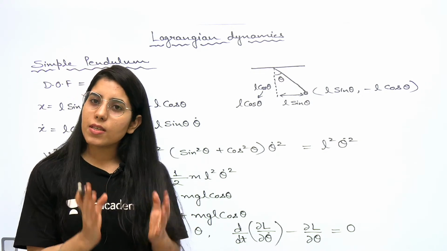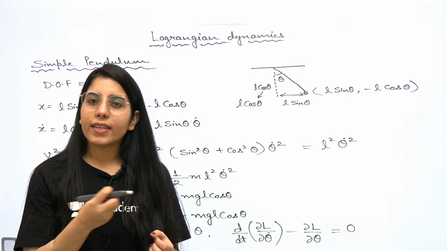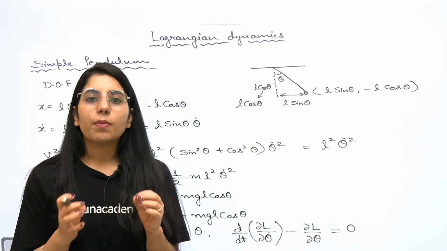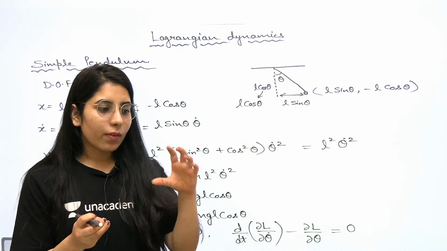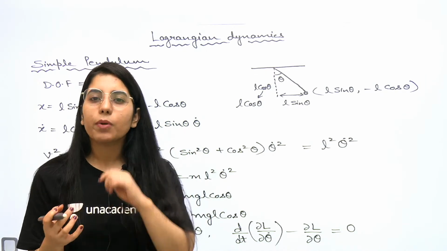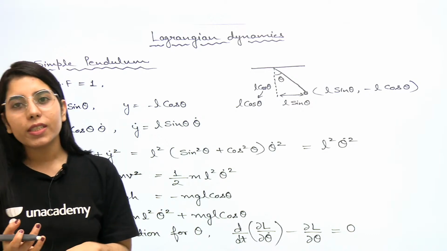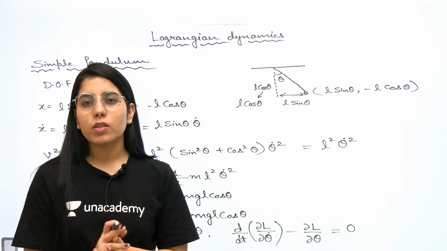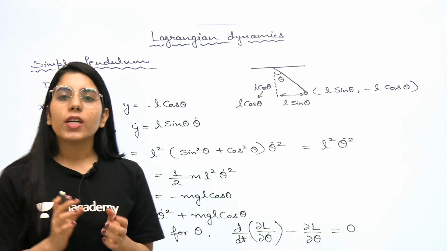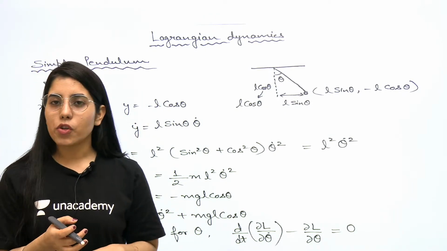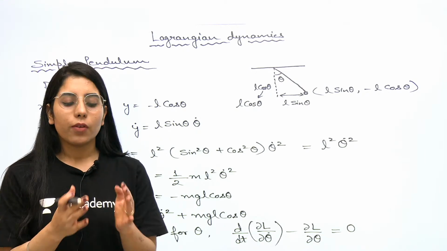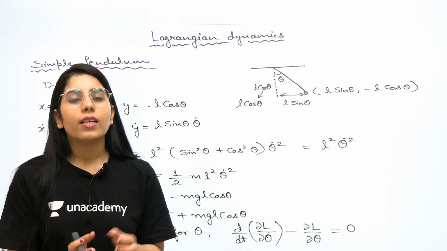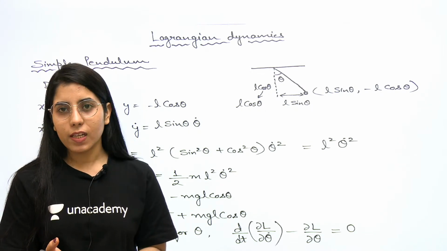Sometimes they will give you a system and you need to find the Lagrangian from there. Sometimes they can ask you for some information about the given system, like a particular height or a velocity at any particular point. In that case, the Lagrange's equation of motion will help you. Clear? If you want any information about the system, then the Lagrange's equation of motion will help you.